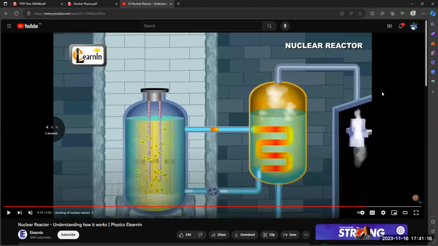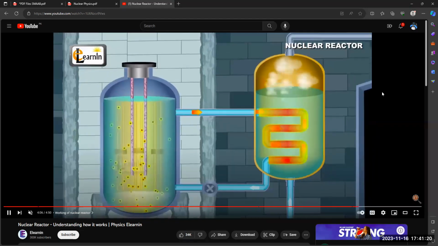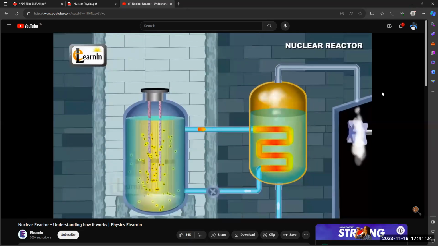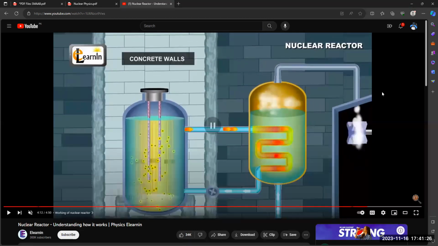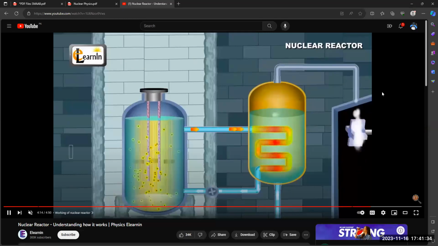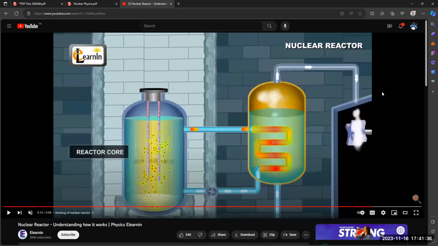So that's why, if you focus on the left-hand side of the reactor, they also mention that we are using concrete walls, so radiation will not come out from the reactor into the atmosphere. And second, the reactor core. Reactor core means the container which we use to make the nuclear reactor.